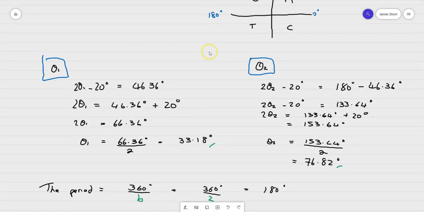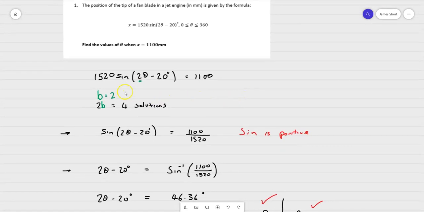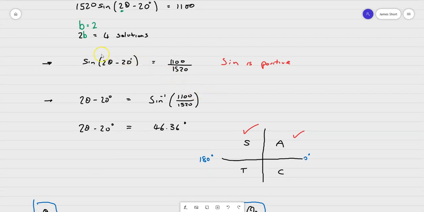So let's just have a recap of this. The first step was to insert the value that we're interested in. So we're trying to solve for theta when the amplitude of this function is equal to this value here. We've taken note that the period coefficient is 2, so we're going to have 4 solutions. We've isolated the sine value by taking the amplitude to the other side.